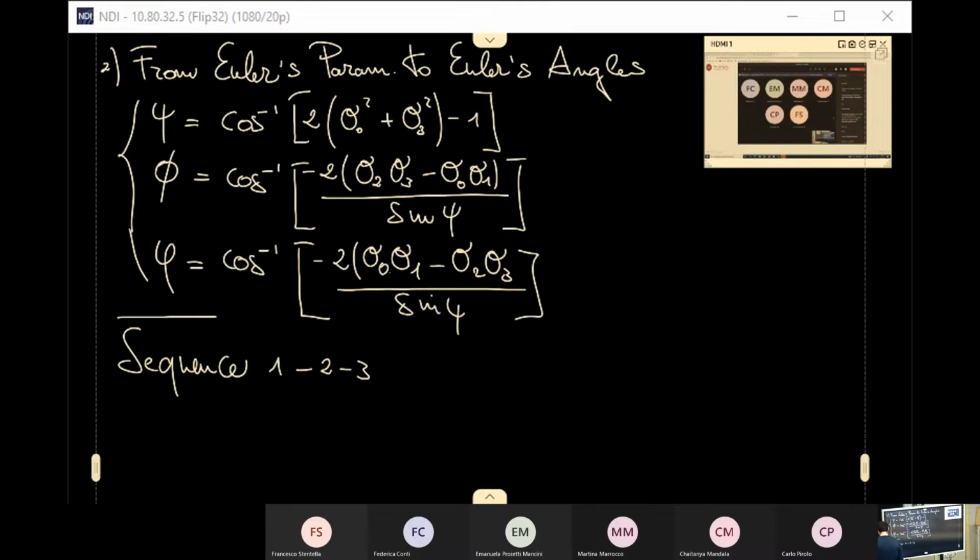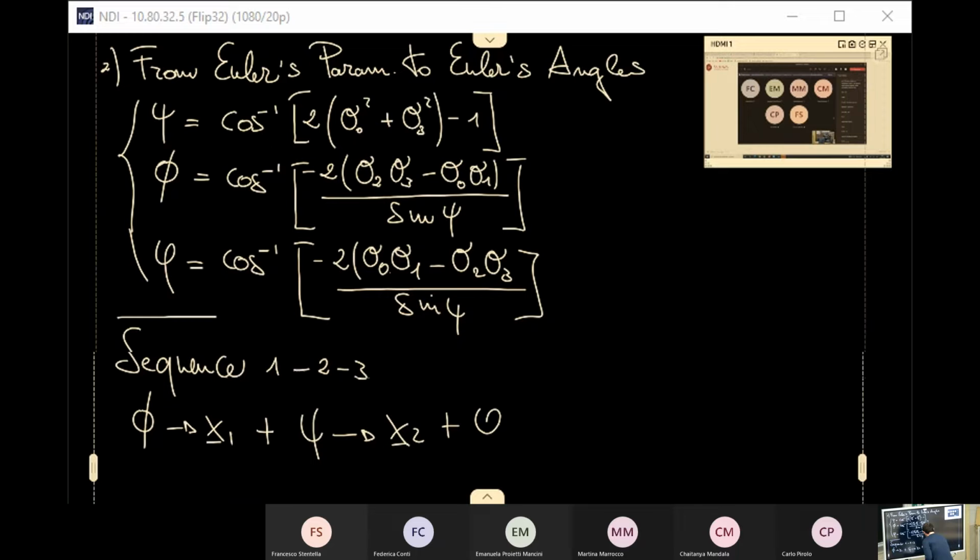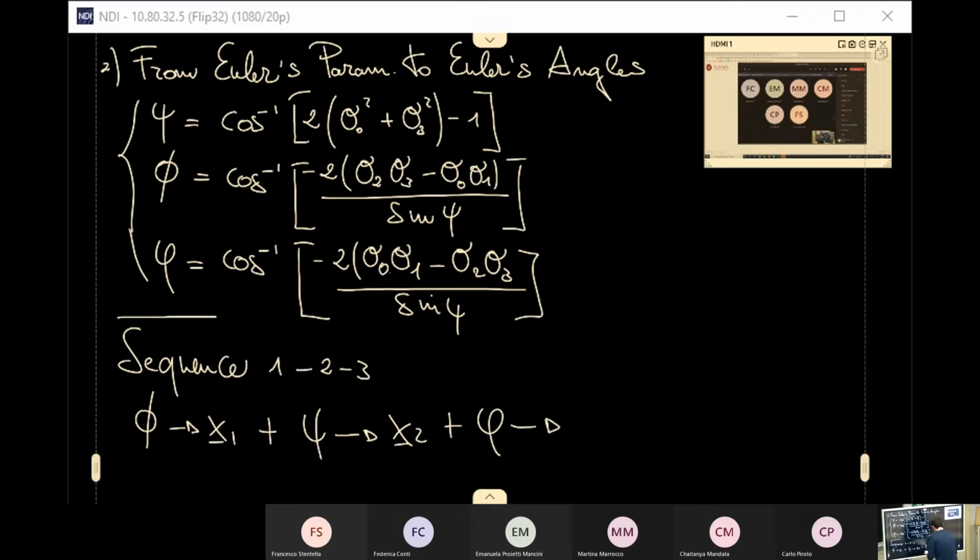That's to say, phi about the axis x1, plus we have c about the axis x2, sorry, plus phi about the axis x3, okay?